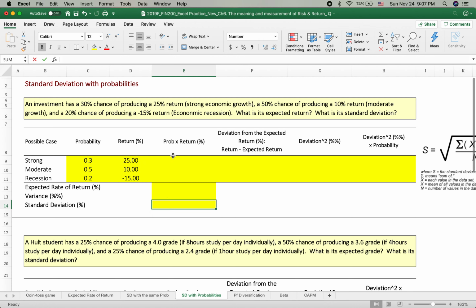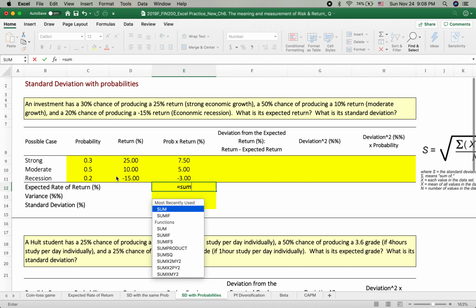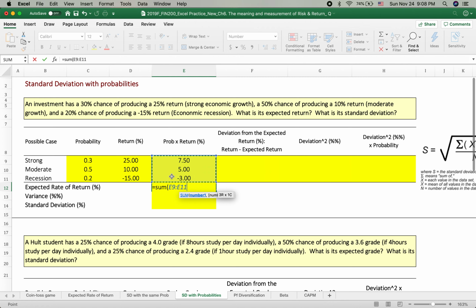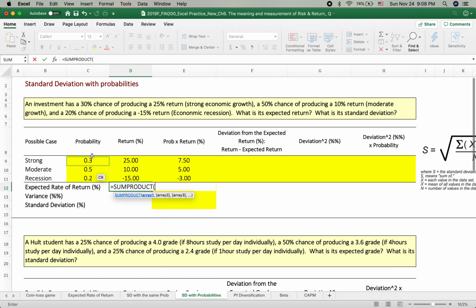So we should calculate the process with probability. We already covered this simple process to get the expected rate of return if each return has a different probability. So we just sum up the results, the weighted average rate of return. You can use SUMPRODUCT. When you practice in class, one column is matched with this column. So the same result, we can use either way.